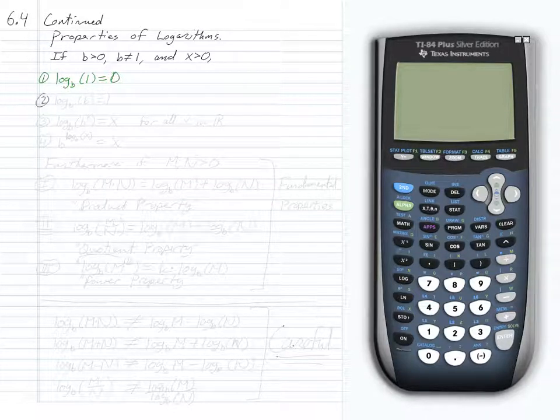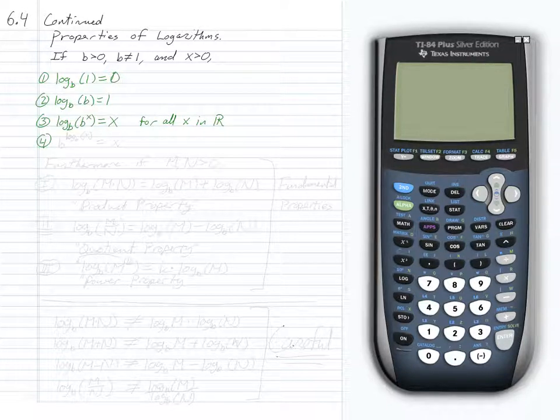We also saw that log with any base of that base is 1. And log base b of b to the x is x. Now this one is true for all x in the real numbers.